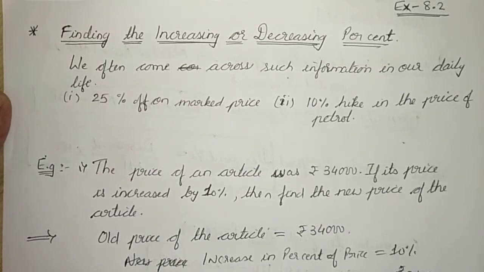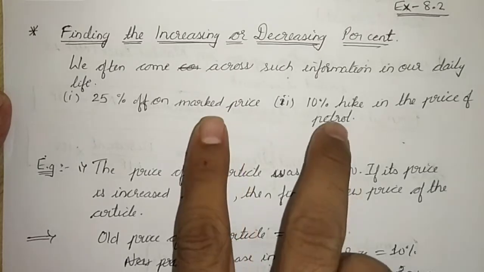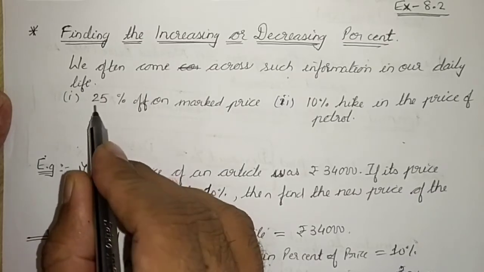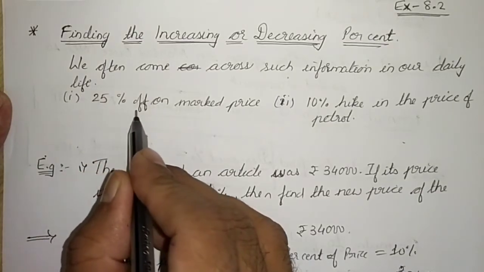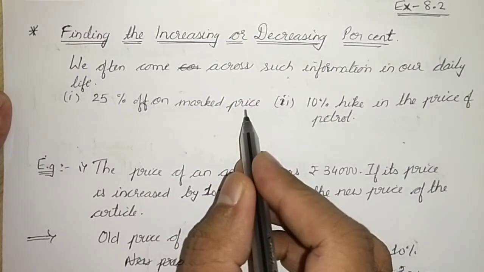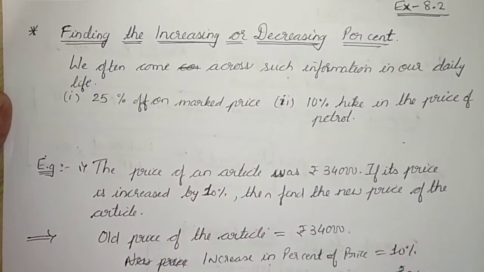Students, many times you go to some mall or market, and you come across these two sentences. Many times you see they have written 25% off on the marked price or the cost price or the list price.